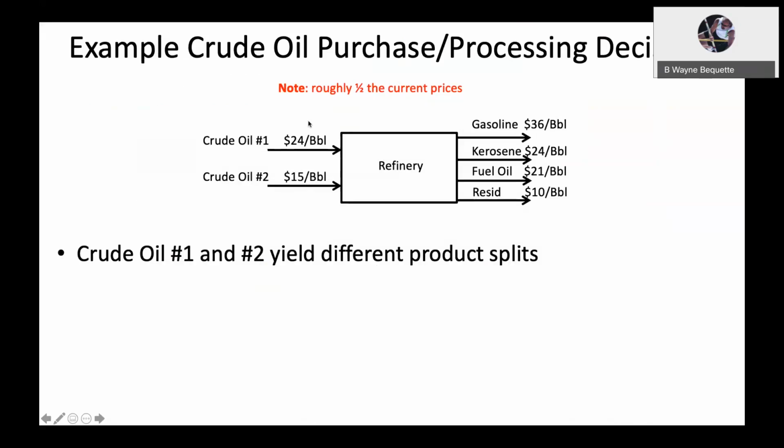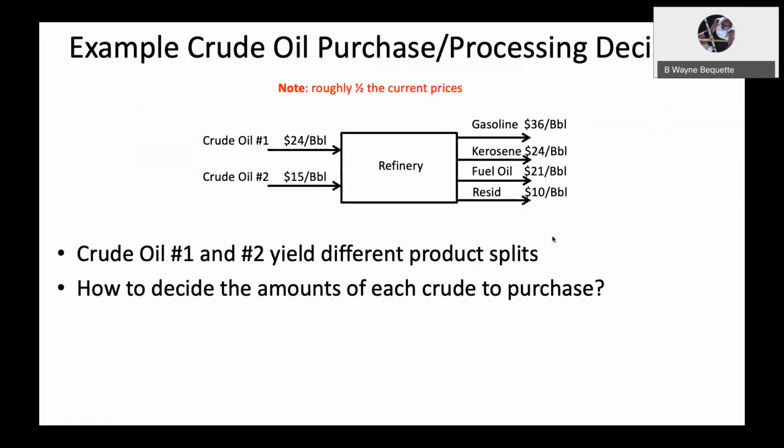Now the problem is they're going to have different splits that I haven't shown here into these various products. Typically the more expensive crude oil may be used to produce the higher value product, gasoline, but there's going to be a certain amount of it that will go into kerosene, fuel oil, and resid. And they all have different values. Since crude oil 1 and crude oil 2 are going to yield different product splits, how do we decide the amounts of each crude to purchase?